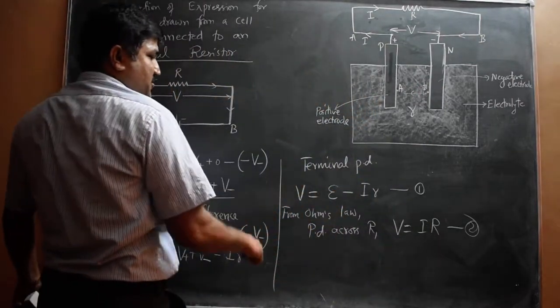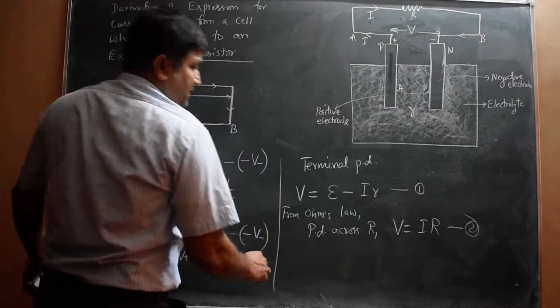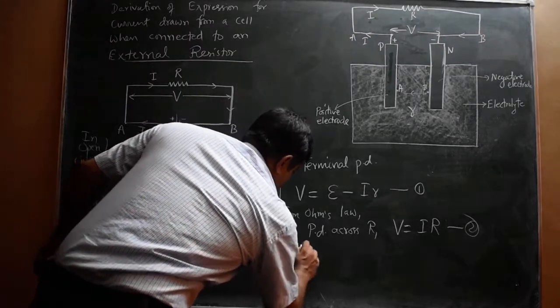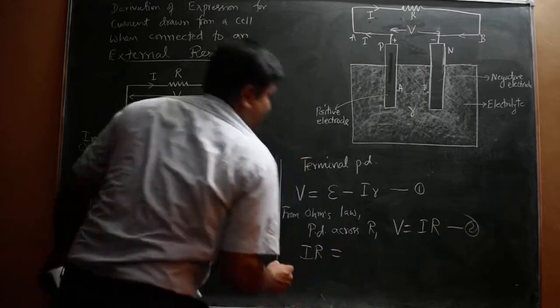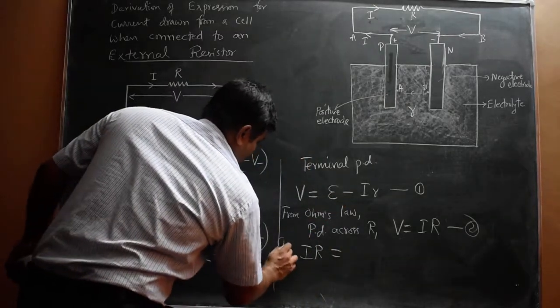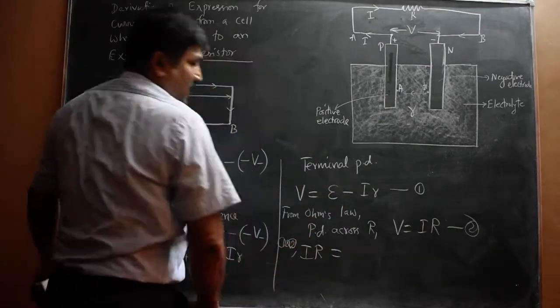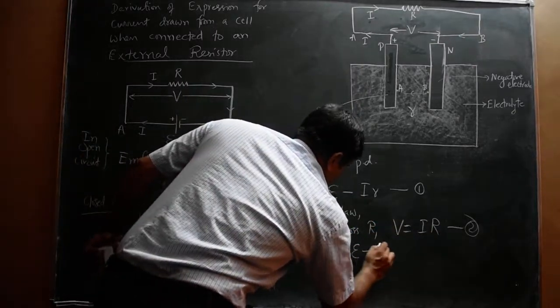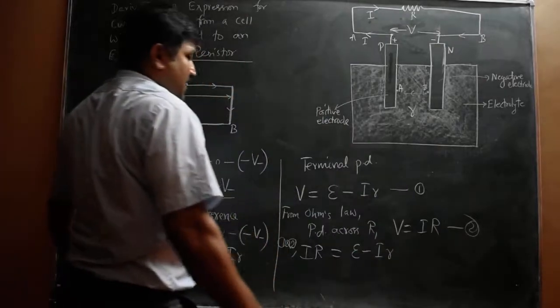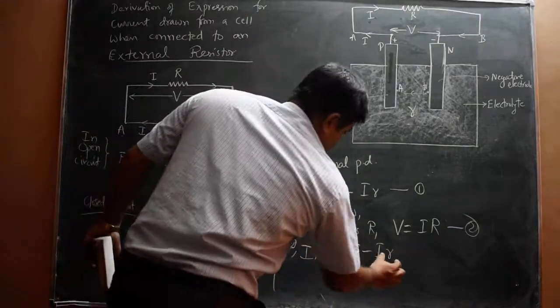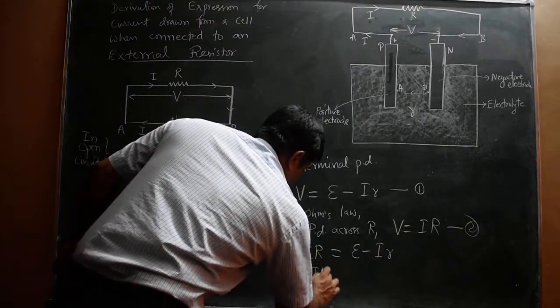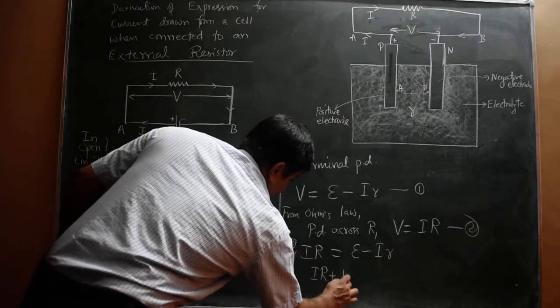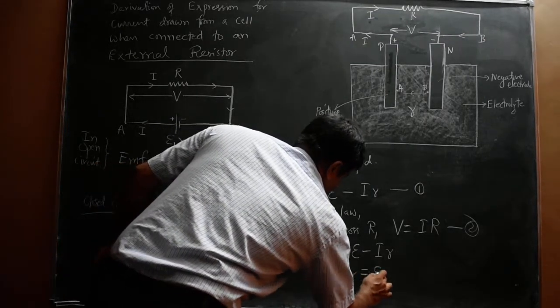Now comparing equations 1 and 2, we can write IR equal to epsilon minus Ir. Bring minus Ir to the LHS, so IR plus Ir equal to epsilon.